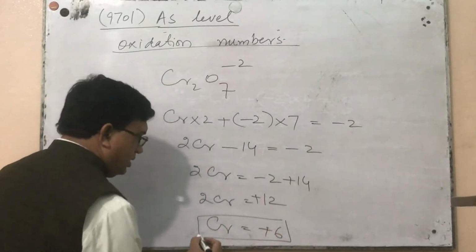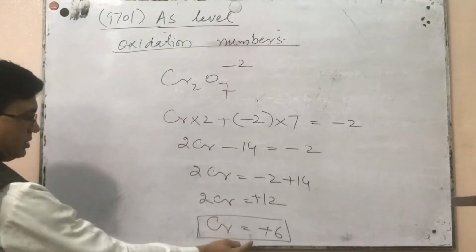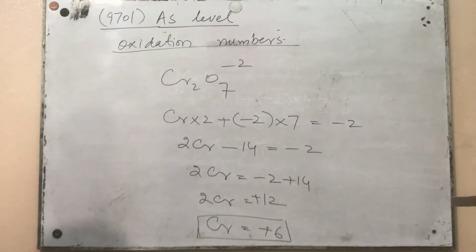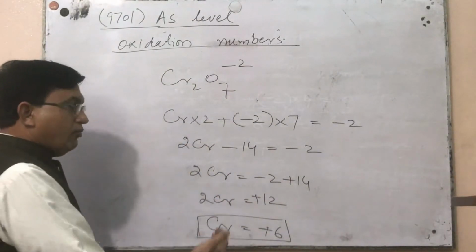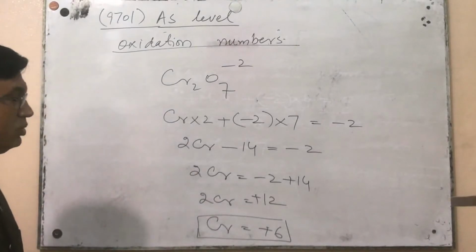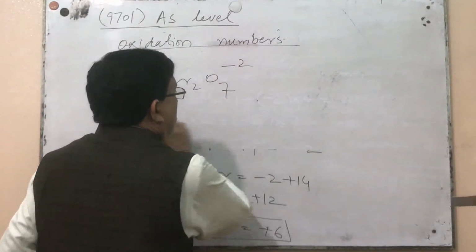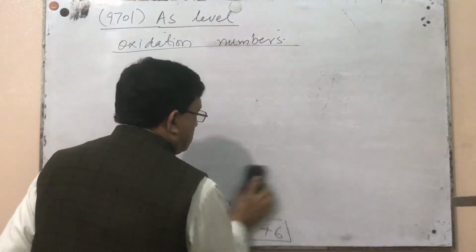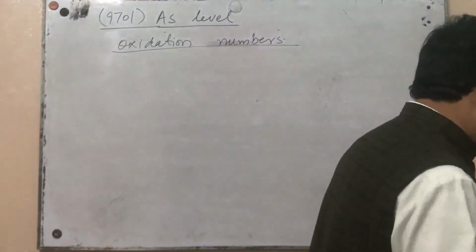It means that the oxidation state of chromium in this ion is +6. This is the method how we find out the oxidation state of any substance we are asked for. Similarly, there are so many examples.